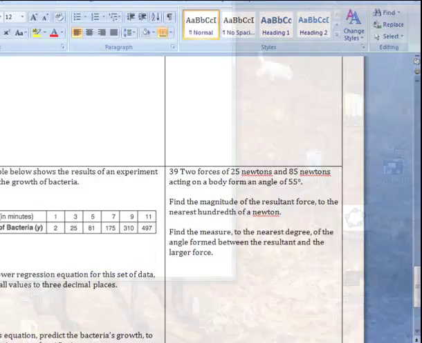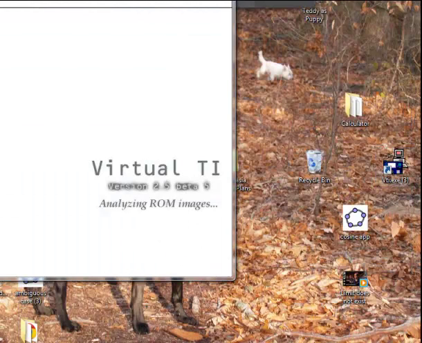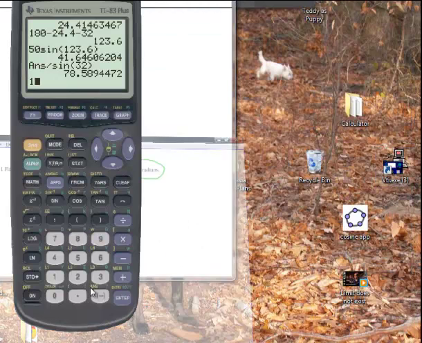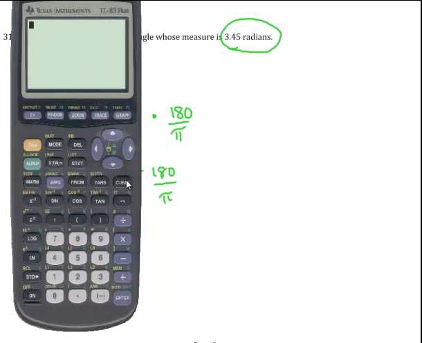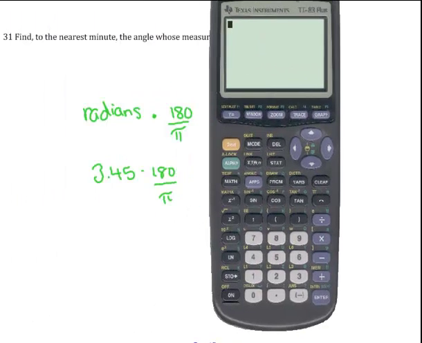Well, get rid of all this stuff. There's my calculator. 3.45 times 180 divided by, and I'll use my pi key, gets me 197.67.